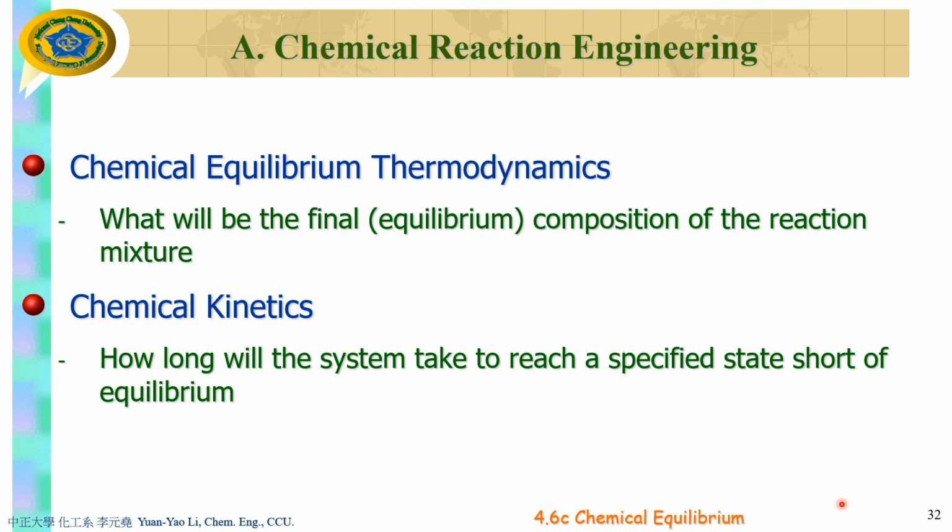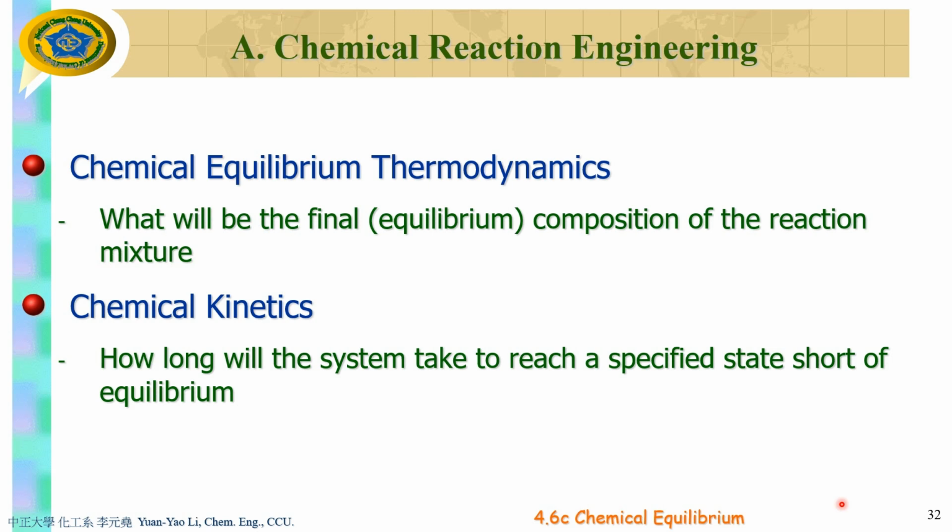That means chemical thermodynamics is always talking about the initial state and final state. You don't need to worry about what's going on during the process, so nothing to do with time. You just know the initial stage and final stage.